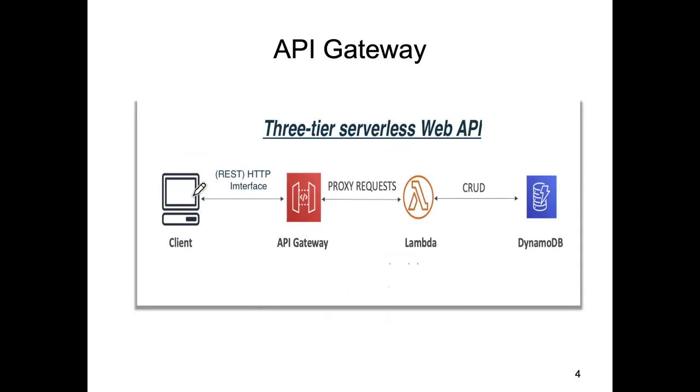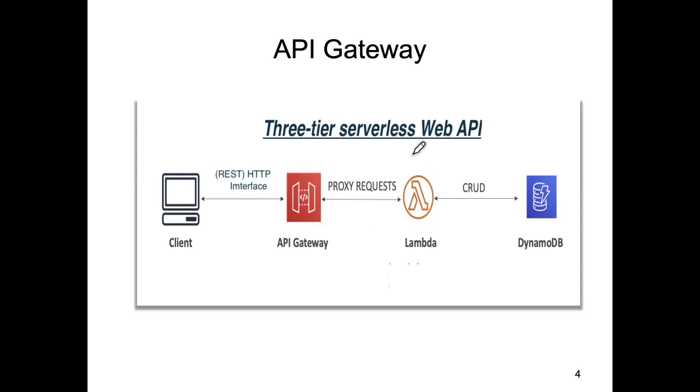So we have our client. Our client might be a React application or any other type of client. It could even be a mobile native app. It doesn't have to be web-based. In the middle, we have this API Gateway service, which is kind of the entry point into your web API.